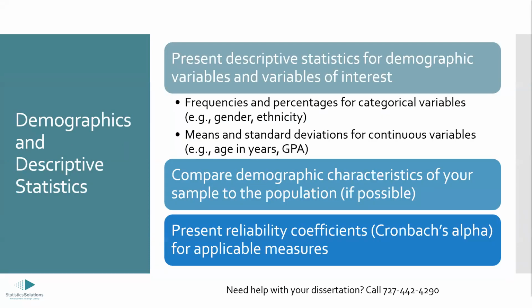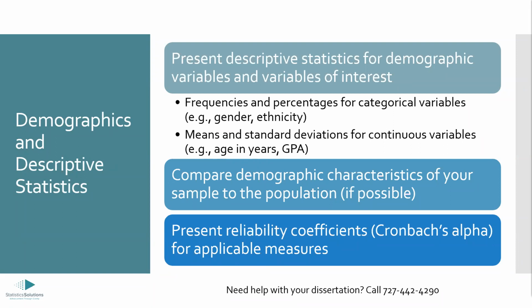So next, let's go into the descriptive statistics and the demographics. So after you go through all the data preparation, you can start getting into these descriptives. So you want to present descriptive statistics for all of your demographic variables and all of the variables of interest, so the different variables in your research questions.